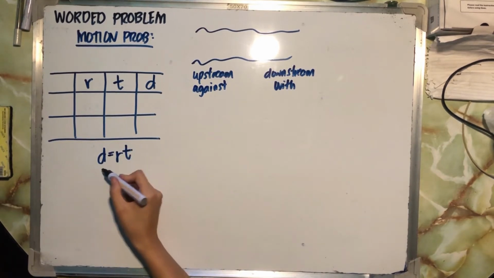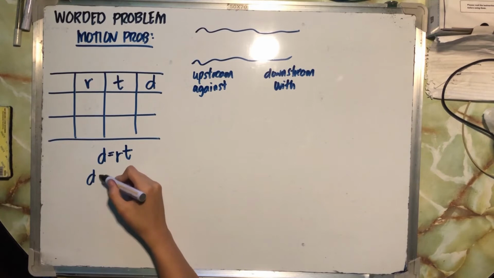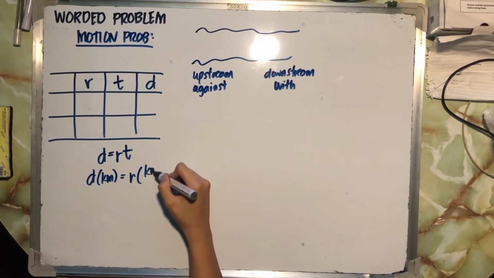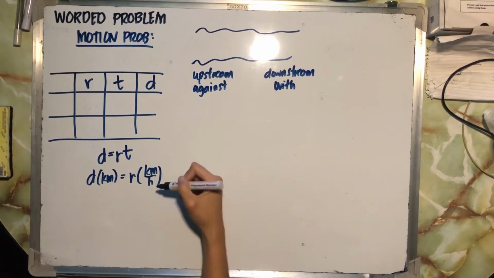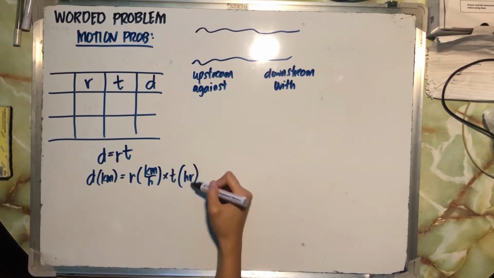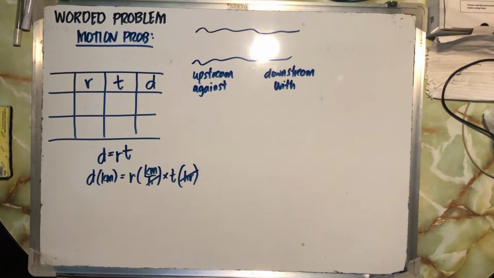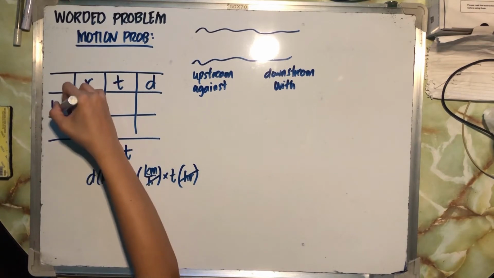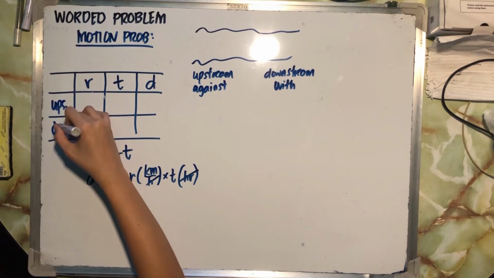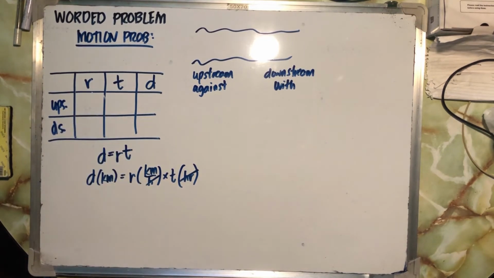Tama ba? O, halimbawa, distance natin is, lagay natin in kilometers. Ayan. Rate natin is kilometers per hour. So, your time should be expressed in hour naman siya. Para makancel ito, and that will give you a distance value nga. Tama? Okay. For our case, this time, meron tayong tinatawag na upstream and downstream. Gawin natin. Ganyan.